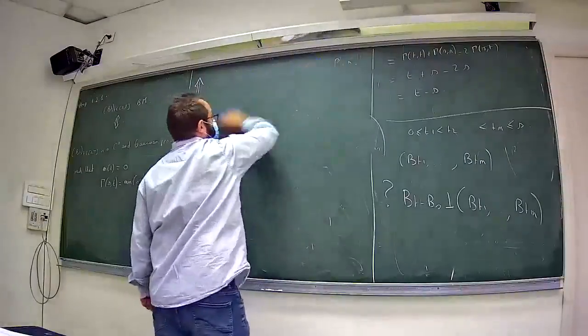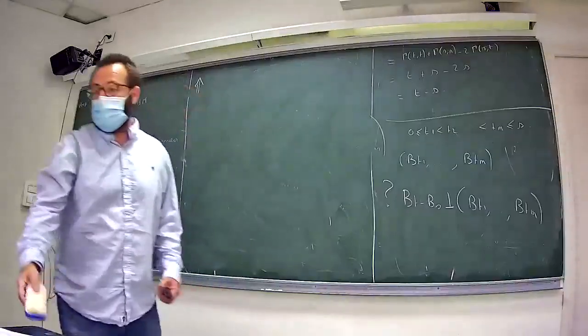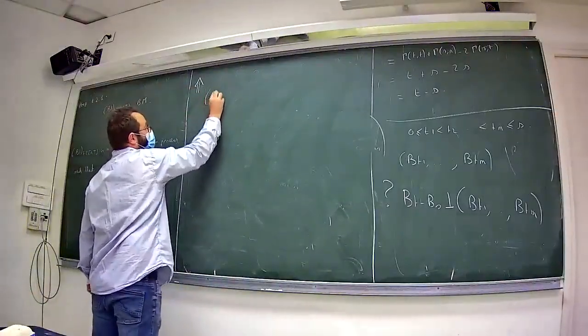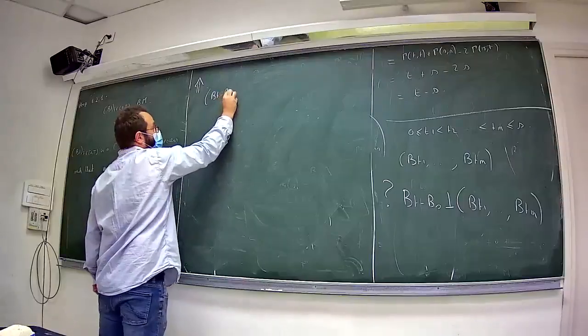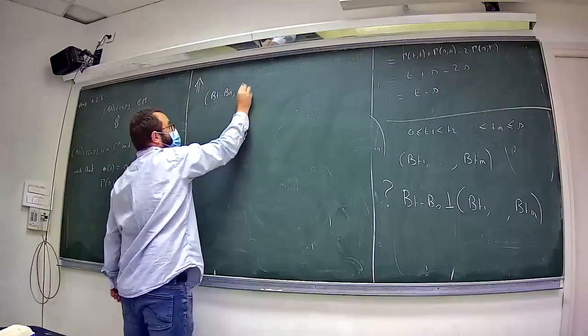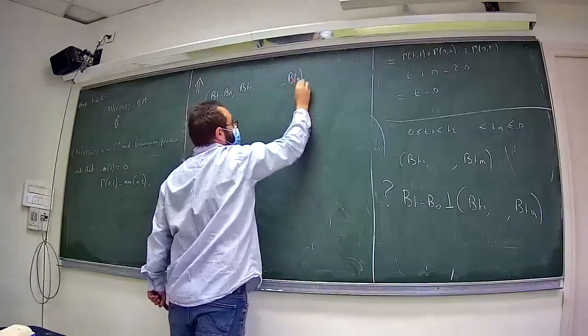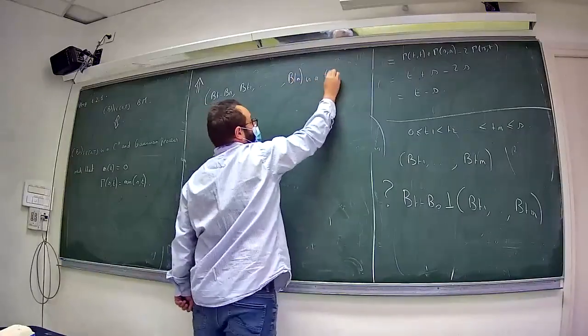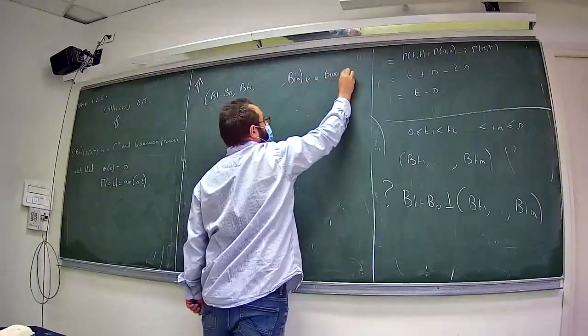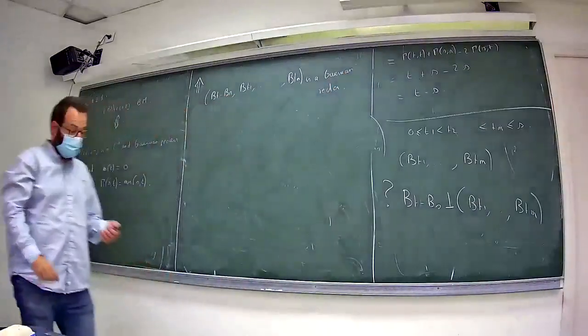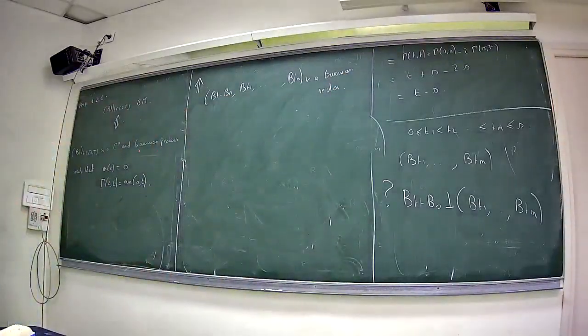So I say two things, and it's an exercise we have done together. I said that (Bt minus Bs, Bt1, ..., Btn) is a Gaussian vector. Are you okay with this? Because I have a Gaussian process.